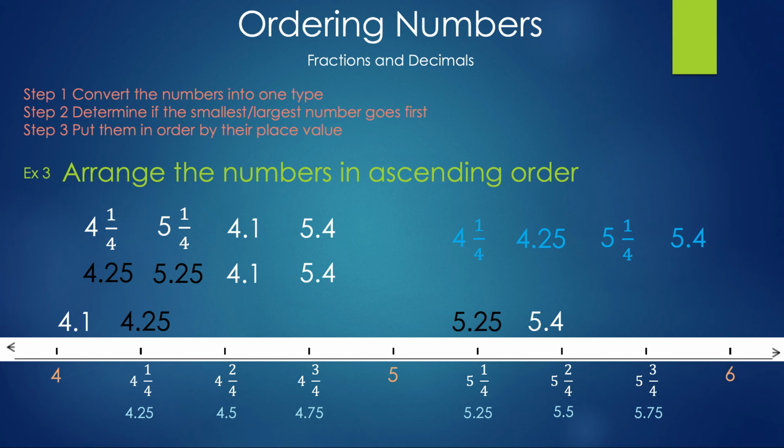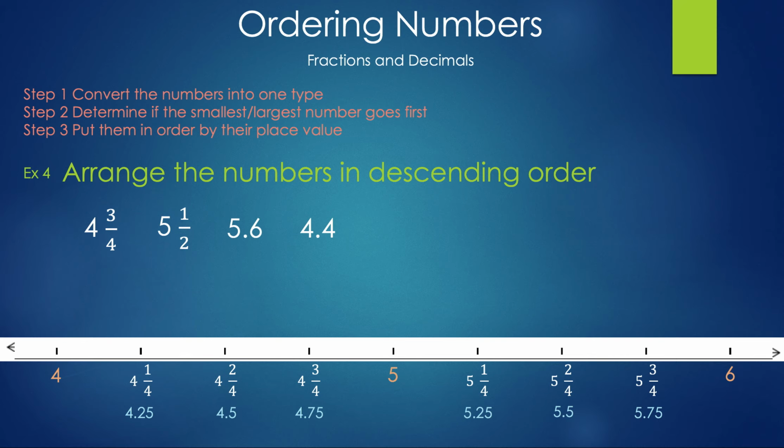So let's take a look at the last example. Arrange the numbers in descending order this time, but let's convert the numbers into decimals. 4 3/4 is the same thing as 4.75, which is right here. So let's place it on the number line. 5 1/2, which is the same as 5 2/4 or 5.5. We can place it there. 5.6, we can place in between 5.5 and 5.75, about there.